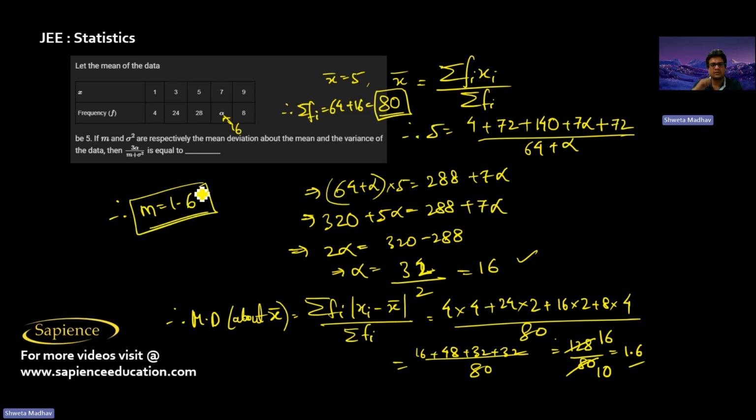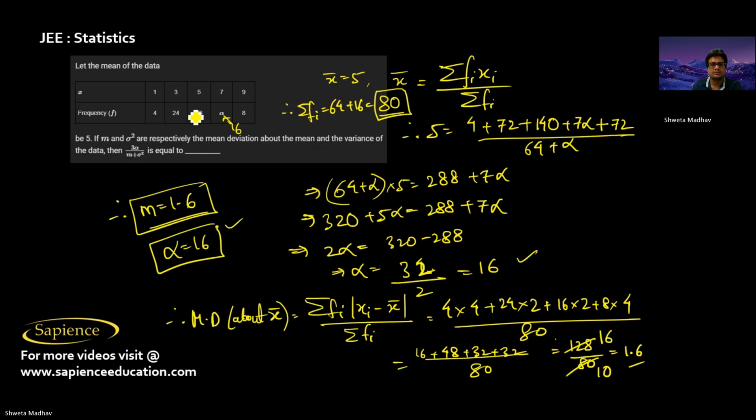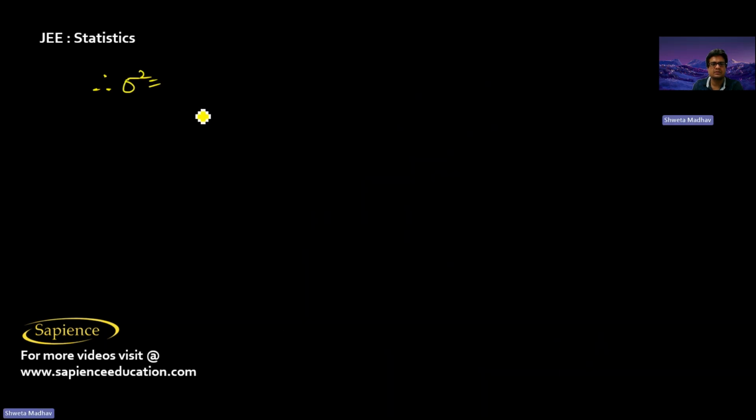And then sigma square we have to find out. Alpha value is 16, we have found it out. Then sigma square, the variance, is summation fi into xi minus x bar whole square divided by summation fi.